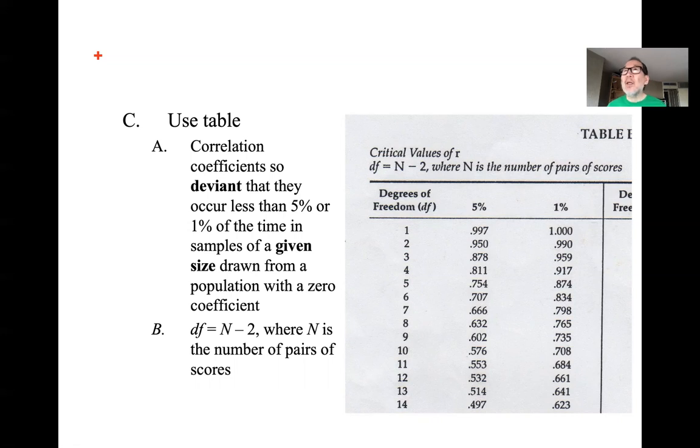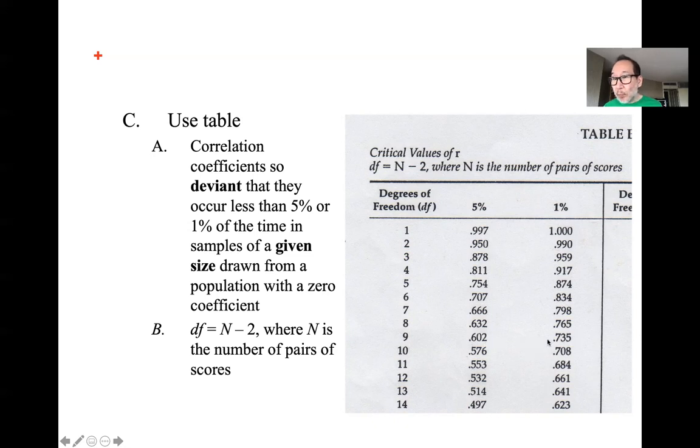The odds are there's something going on here. It's not a random chance happenstance, okay? So again, 9, and you can see the cutoff for 0.05. So there's a 5% chance that this is a random event. 0.86 exceeds 0.602, so it's significant at 0.05.